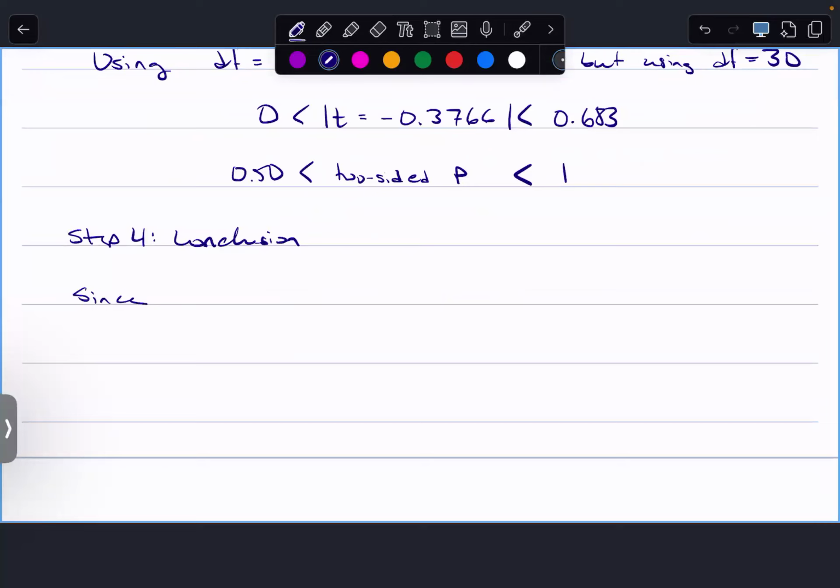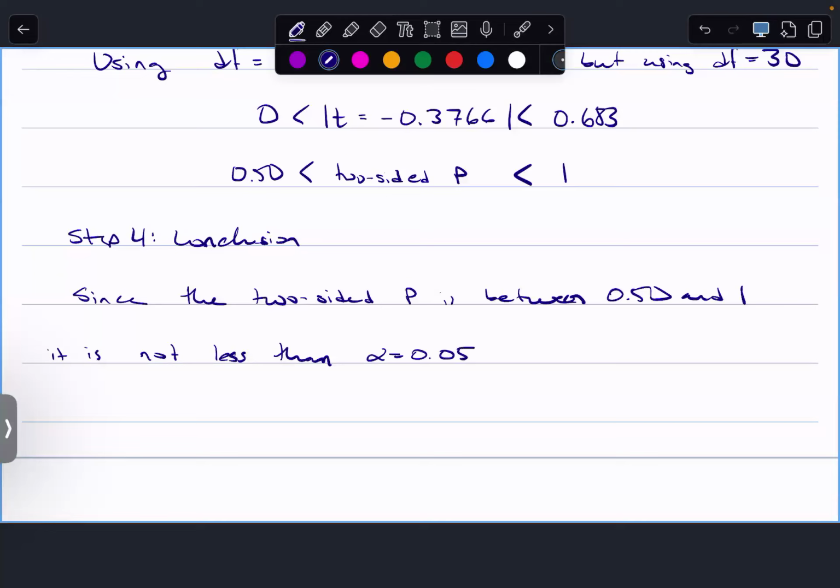Since our two-sided p-value is between 0.5 and 1, it is not less than the alpha level of 0.05, which means we do not have enough evidence to reject H naught.